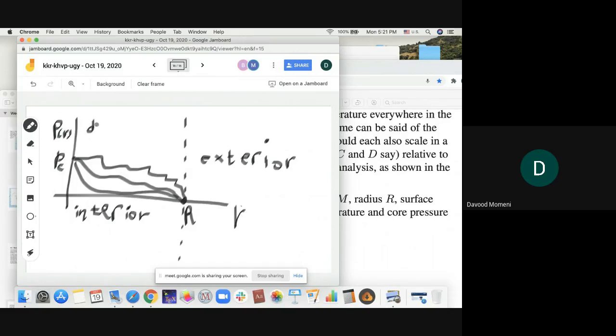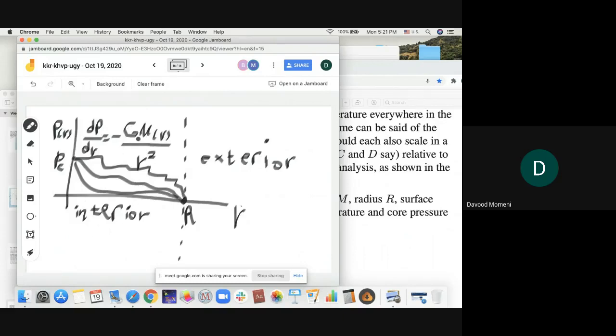In the stellar evolution equations we have dP/dr, which is a function of minus G M over r squared, where M is a function of r, the mass of the star within the radius r. This is a very complicated differential equation because you don't know the mass profile.